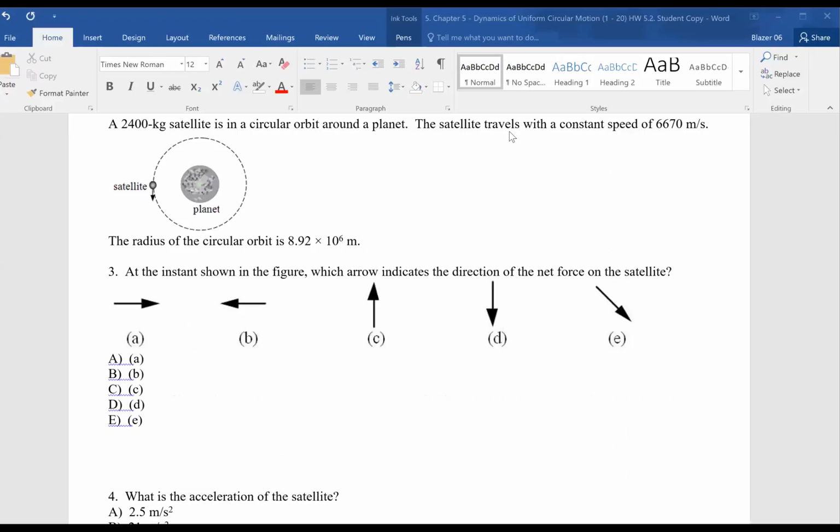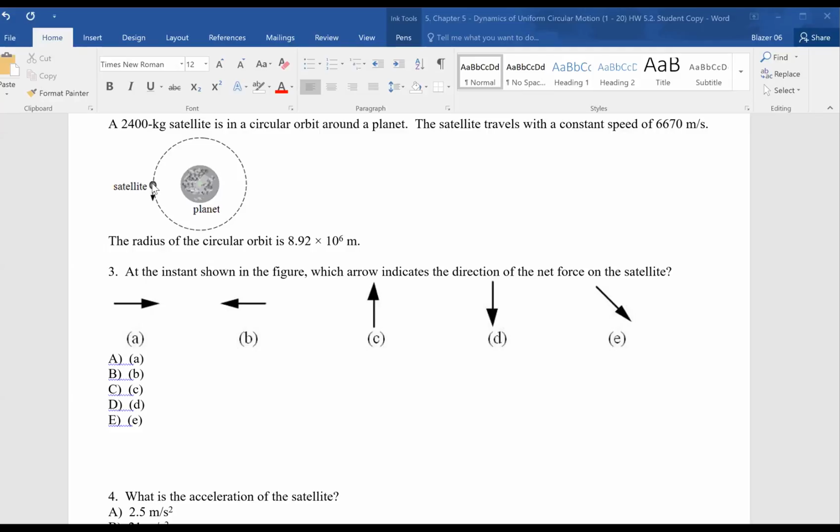The satellite travels with a constant speed, 6,670 meters per second. The radius of the circular orbit is this. The question says, at the instant shown in the figure, which arrow indicates the direction of the net force on the satellite? At the instant that is shown right here, what is the direction of the force?